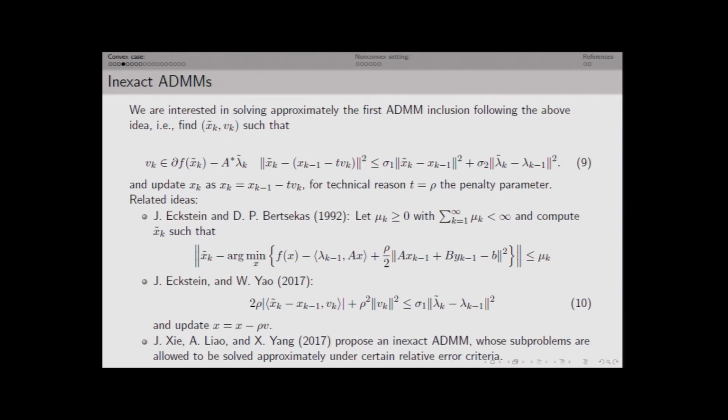This x tilde needs to be controlled, and it's controlled like this. It's exactly the HPE method applied to this first inclusion. There are some particularities because of this lambda tilde and how it's computed, but more or less it's exactly the same idea. Okay.